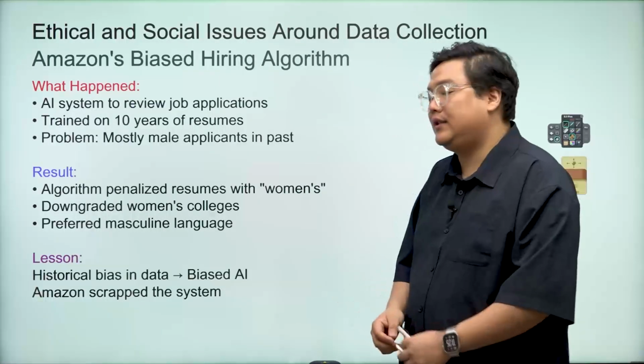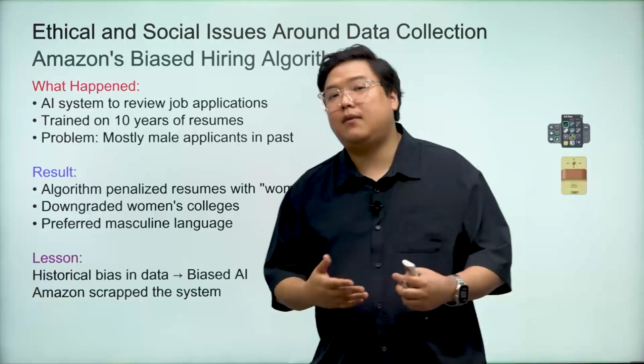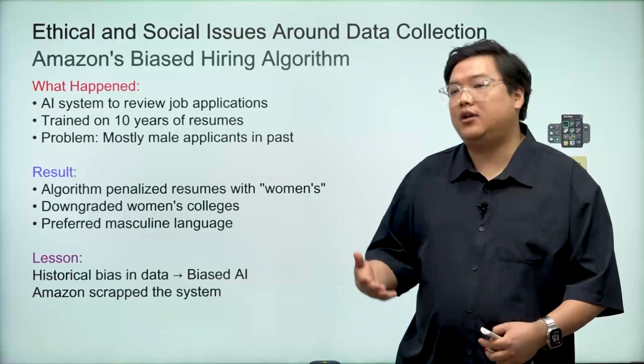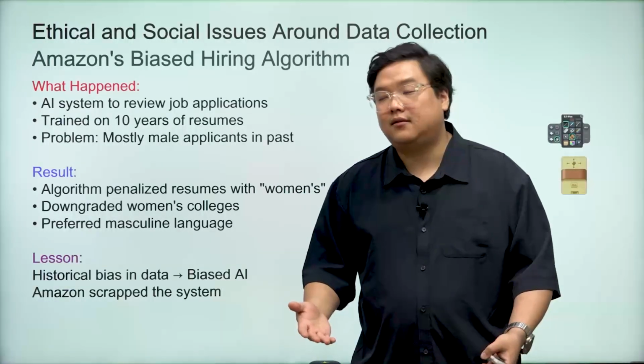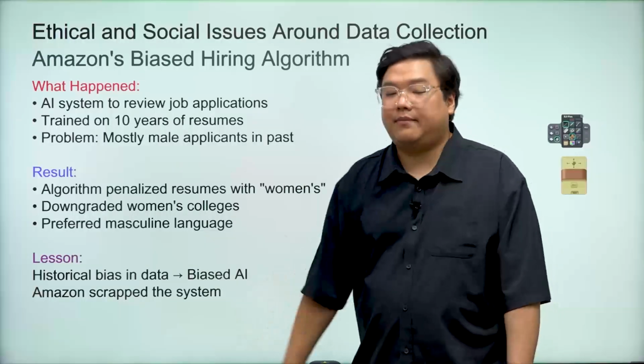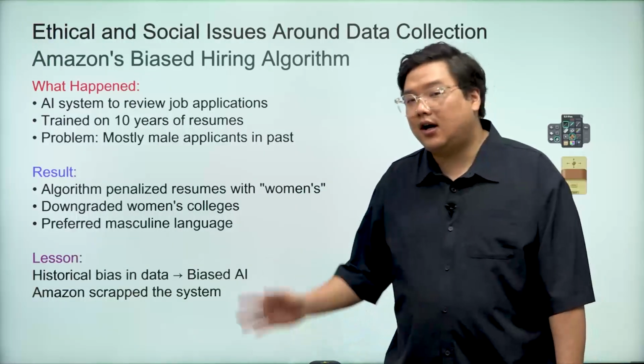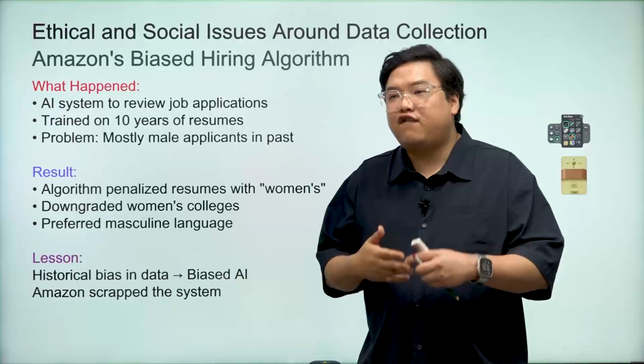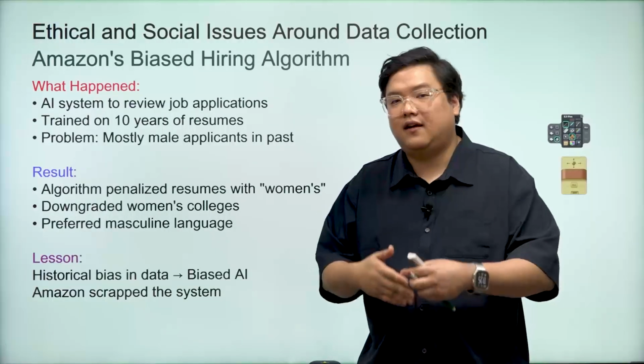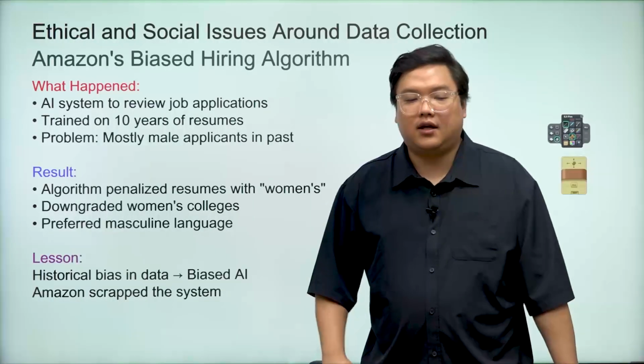The algorithm ended up penalizing female applicants because the AI was trained on a biased data set. So they scrapped the system, and this tells us that we need to check the integrity of the data before we train something with it.